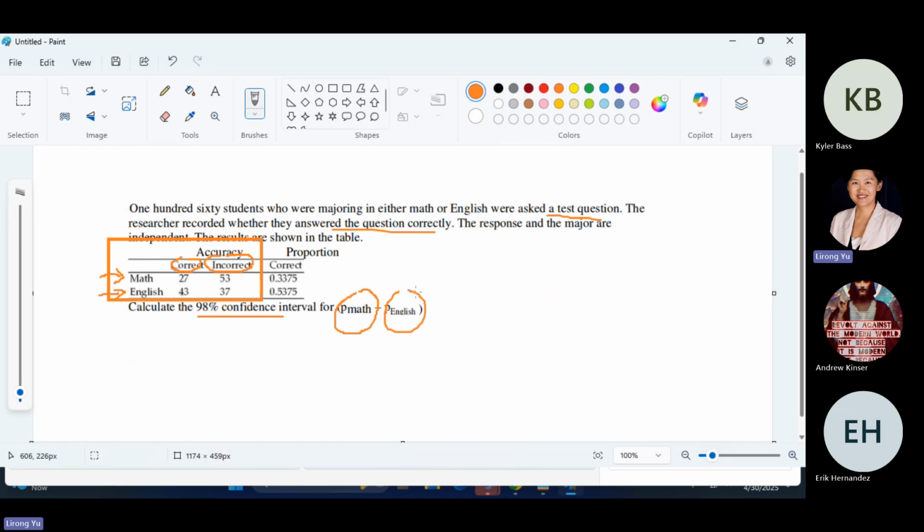But you can also do the confidence interval for the difference in proportions. If this difference is not equal to 0, that means they don't have the same proportion. That means one major has a lower success rate, and that means whether you have this major or that major affected how accurate your answer is, right? So that's the connection between the two kinds of tests.